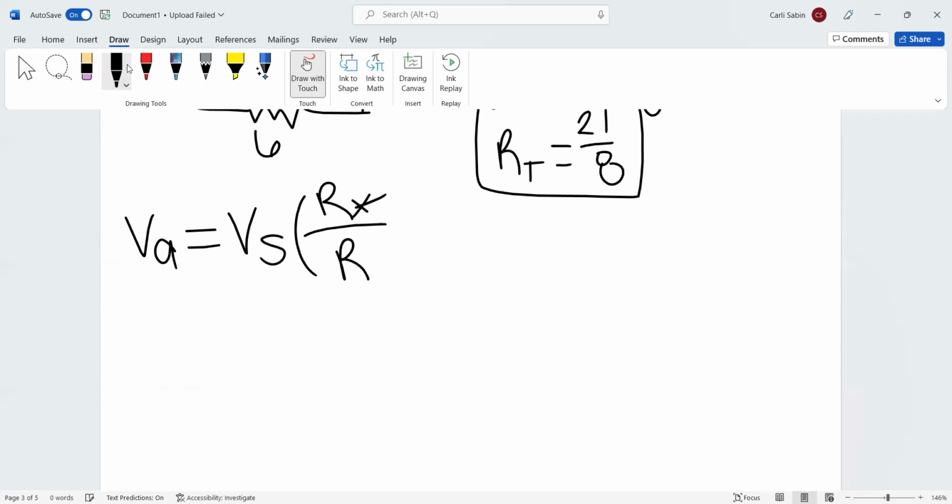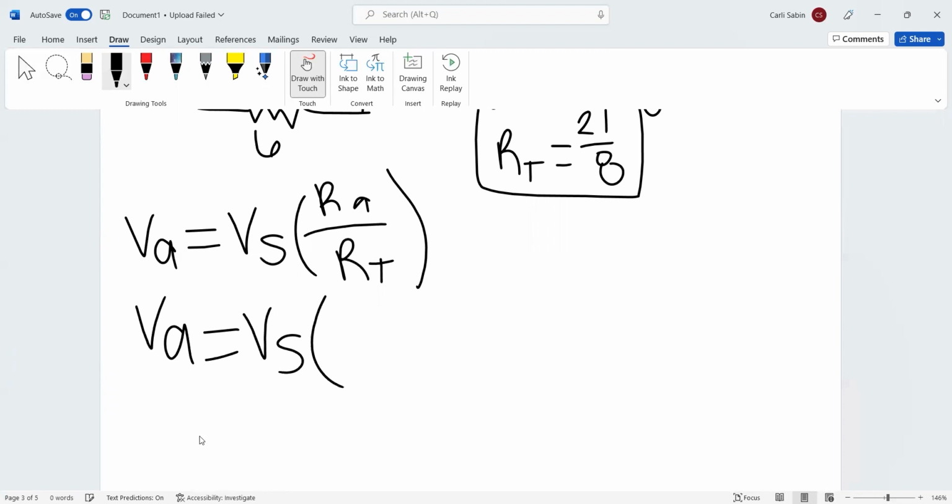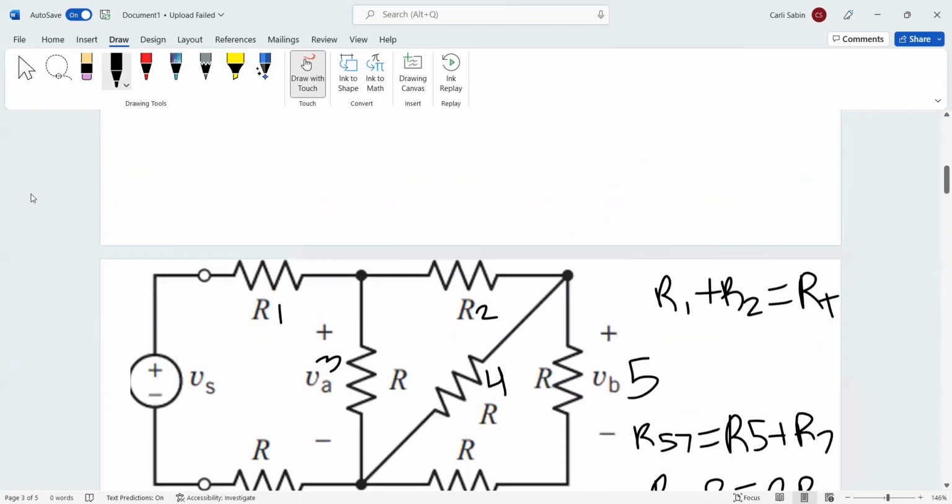I keep writing X. This is RA, right? RA over RT. And this is going to give us that VA that we are trying to calculate. So we know VA is equal to VS. We don't know these values, so we can just go ahead and leave them like that. And then the resistance through RA is what we are trying to find, right?